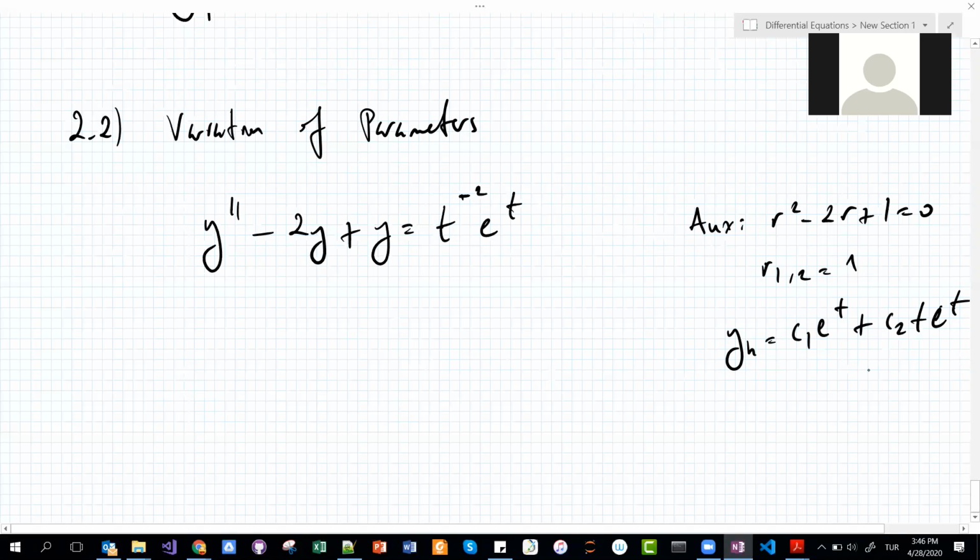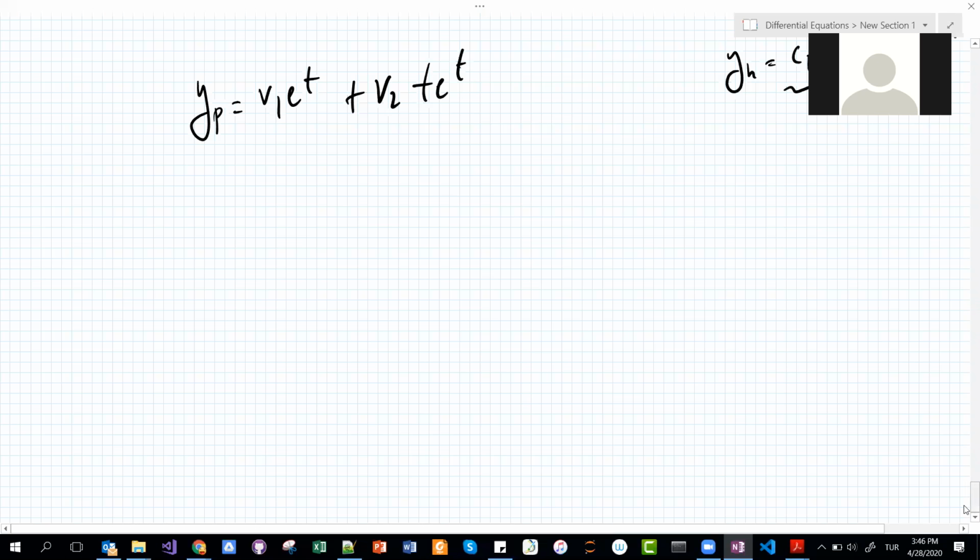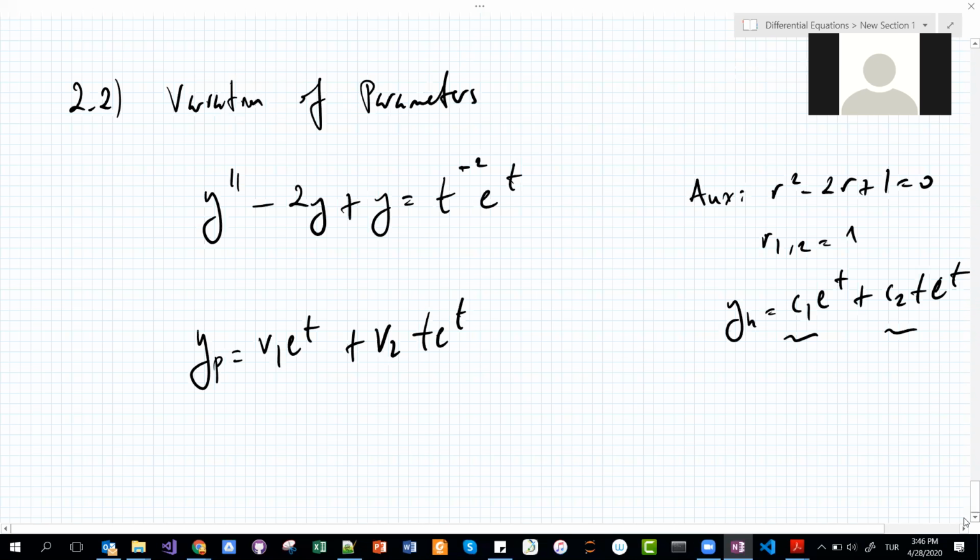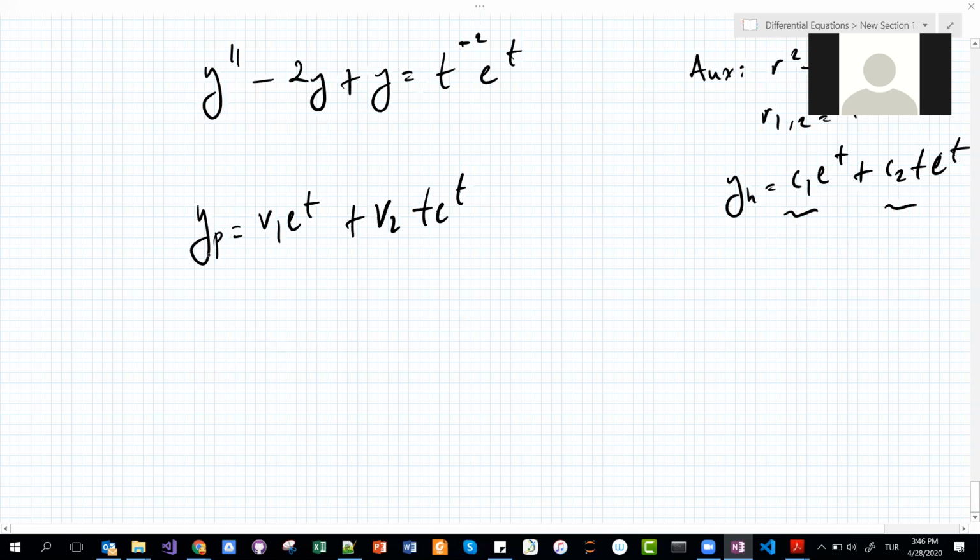After having the homogeneous equation solution, my particular solution should be designed by just changing these constants to variables: v1 e^t + v2 t e^t. So I'm hoping I can find v1 and v2, since I don't know what they are.